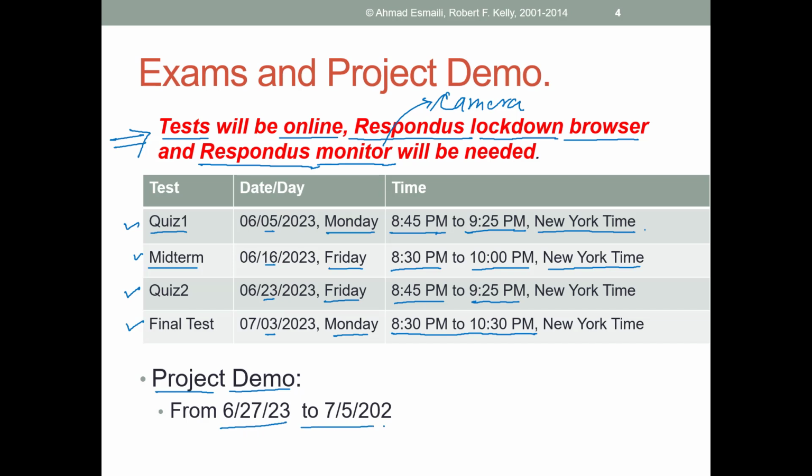I want you to sign up and finish your project demo in this duration. I will provide a sign up sheet with some time availability, and you'll have to sign up accordingly. But for the project, you don't need to worry right now. Probably in a couple of weeks from now we will start thinking about the course project. Then you'll know where exactly this project demo will figure in.